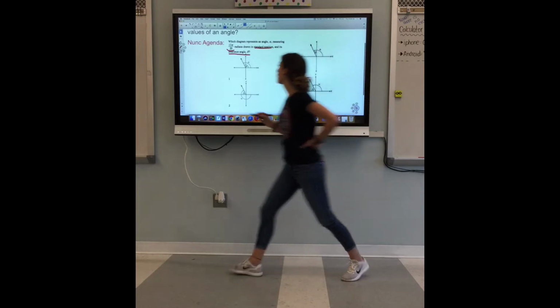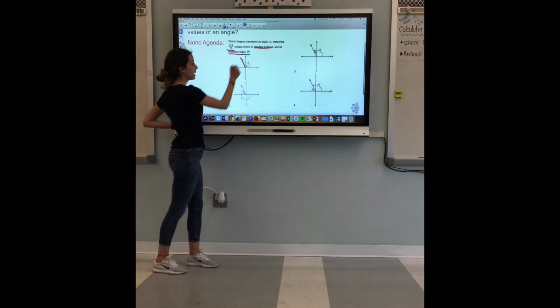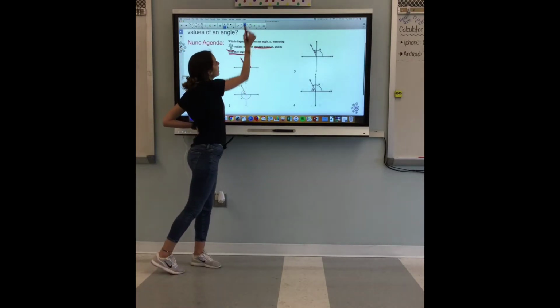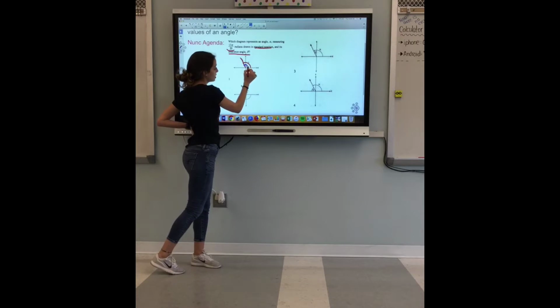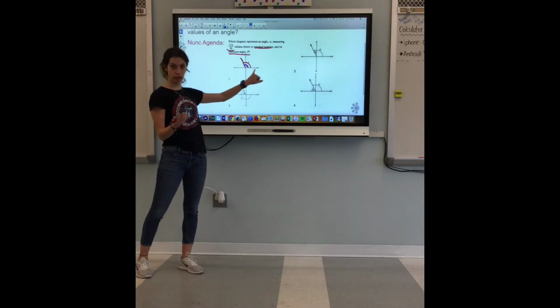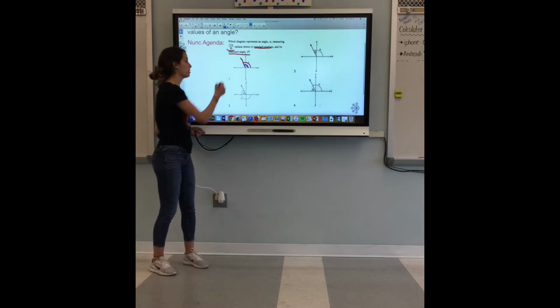So let's look here. If we look at the first one, it tells us that alpha is what I drew in red, and that theta is what I drew in blue. Now, alpha, which is our regular angle, and theta, which is our reference angle, are not the same unless they're in quadrant 1.